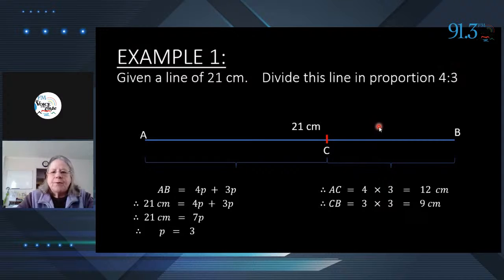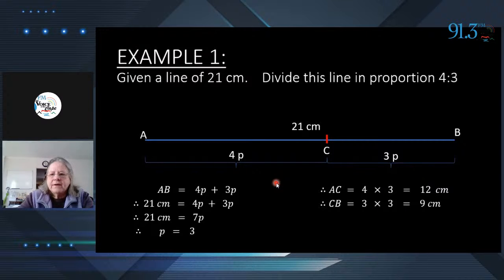Now, when you do these problems, in order to separate the ratio from the centimeters, we suggest that you use a letter, a P or a K or a T or anything. So basically we can say AB is 4, but by now you must know it's not 4 centimeters, it's 4 something. So 4P.